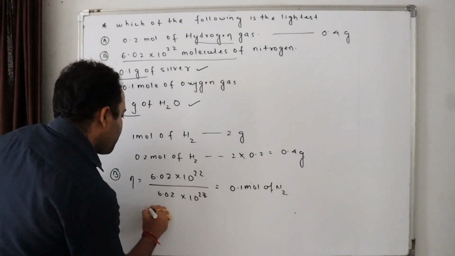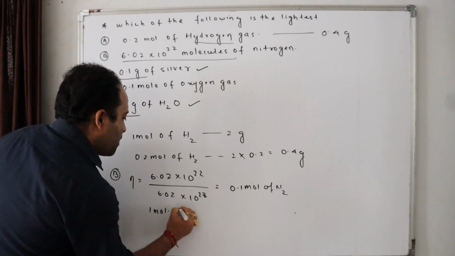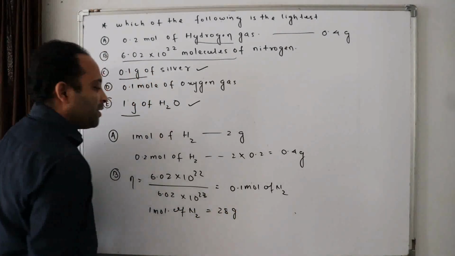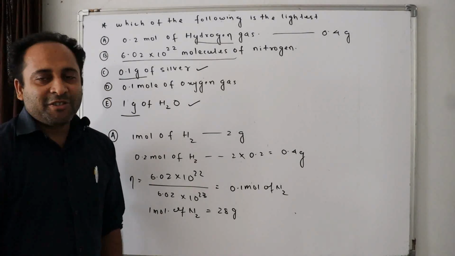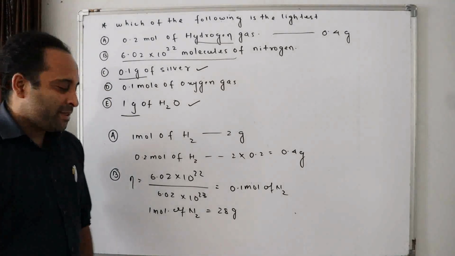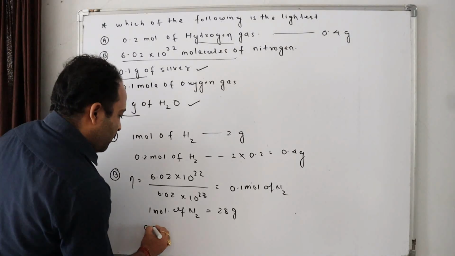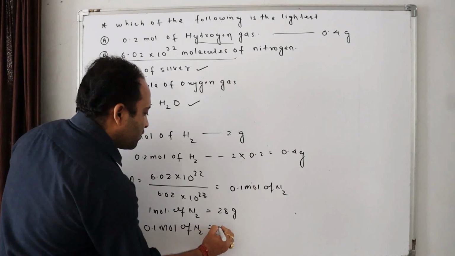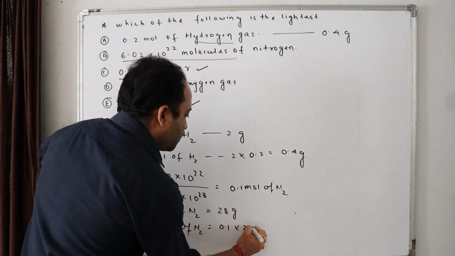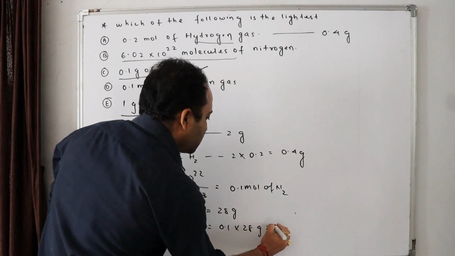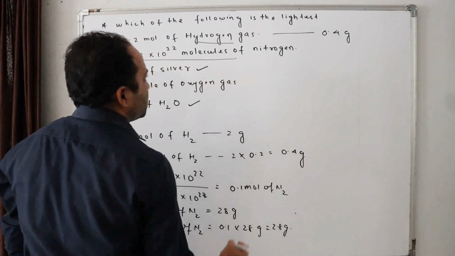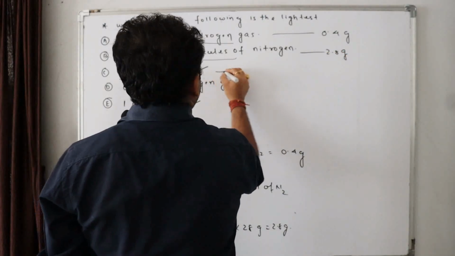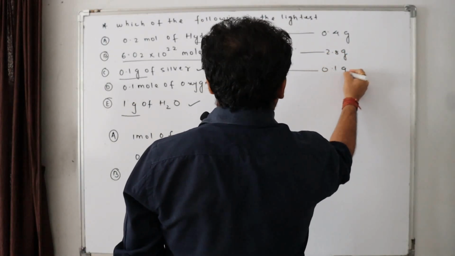We know that 1 mole of nitrogen has a molar mass of 28 grams, isn't it? Now 0.1 mole of nitrogen will have 0.1 into 28 grams, that is 2.8 grams. So this comes to 2.8 grams. This one is already given, 0.1 gram.